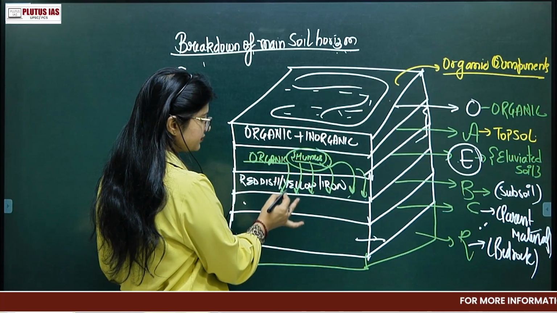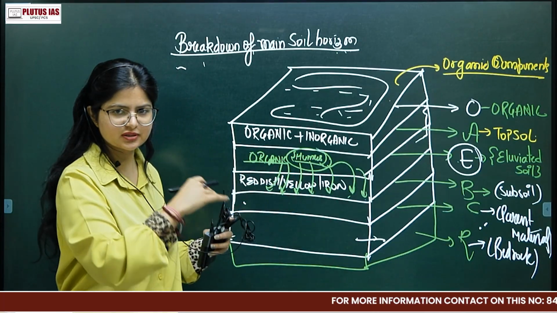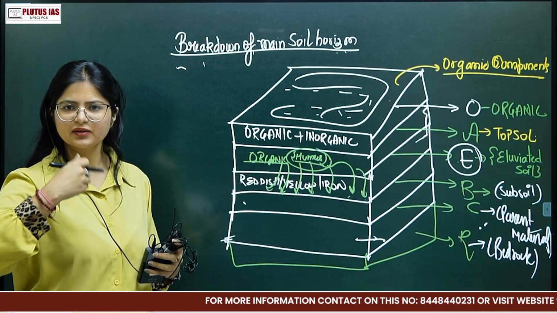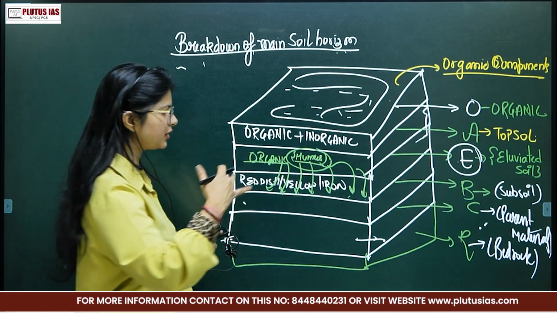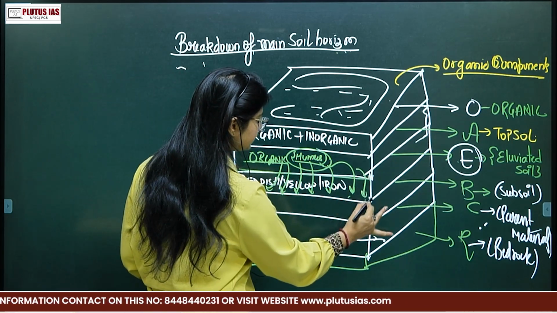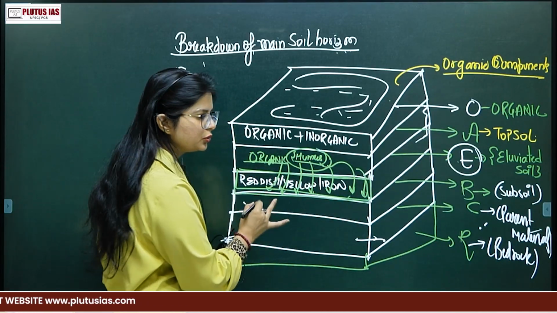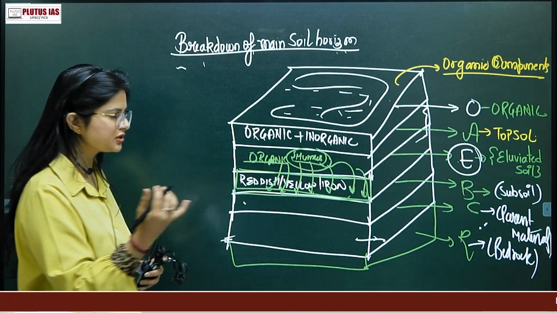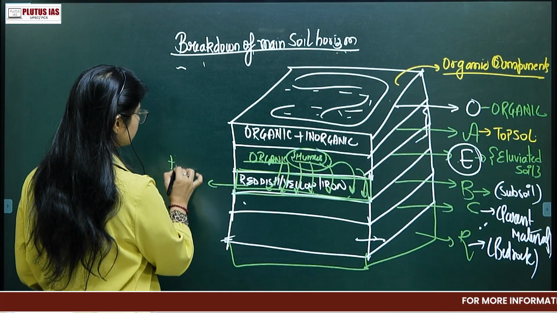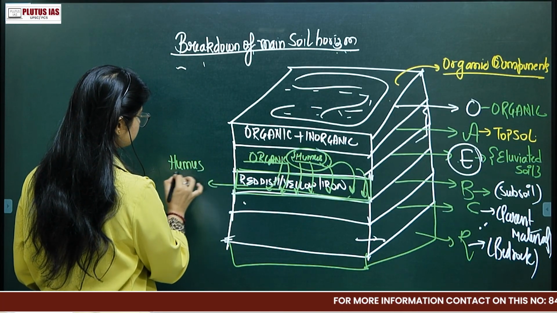Humus, when washed away or decomposed, is washed off by rain, drainage, groundwater, and so on, and comes into this layer. This layer will now have humus content. This is known as humus podzol.